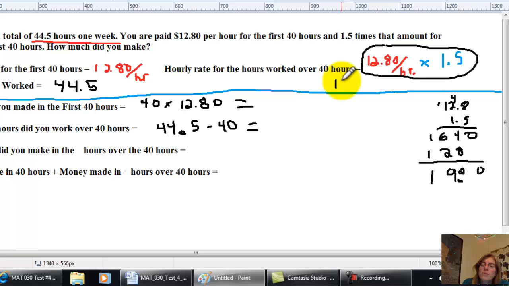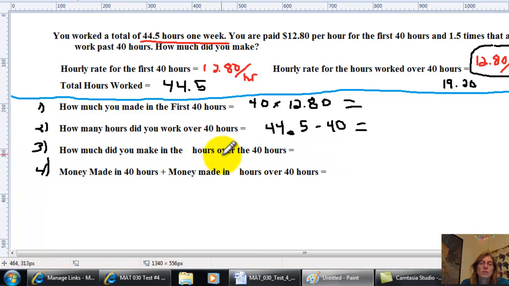So what you're making when you're doing that overtime is $19.20 per hour instead of just the $12 per hour. That's pretty good. So when you have how much did you make in the hours over this 40 hours, for step 3 you're going to have to use this rate, and you're also going to have to use this calculation.